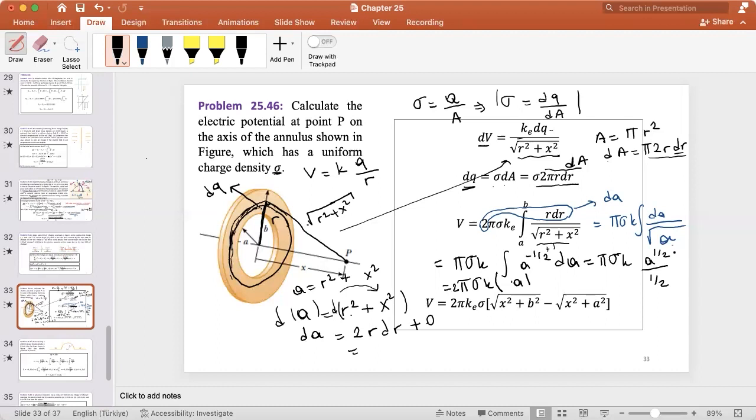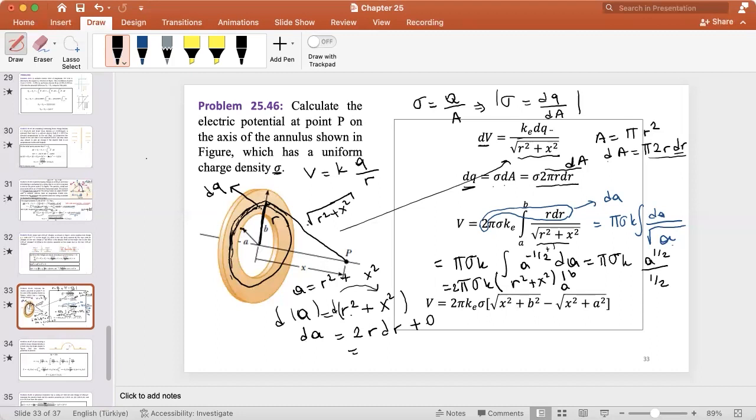Maybe I can put here not A, sorry, R square plus X square, and we need to put its limitation. One of them is A, the other one is B. Why do I take the A?